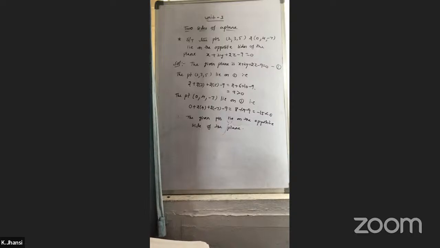The three conditions are f square greater than or equal to bc, g square greater than or equal to ac, and h square greater than or equal to ab. If these three conditions are satisfied, then we say the given equation represents a pair of planes. You also have example problems on this.